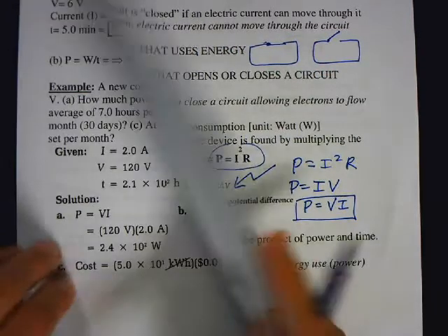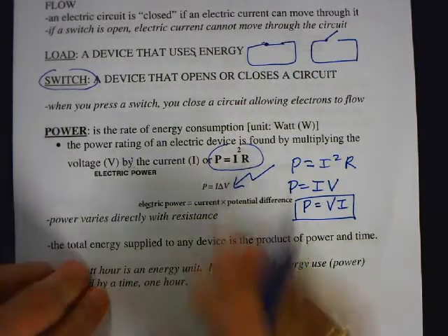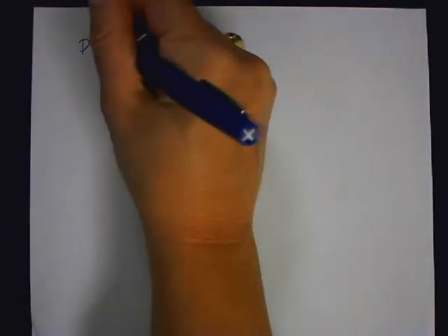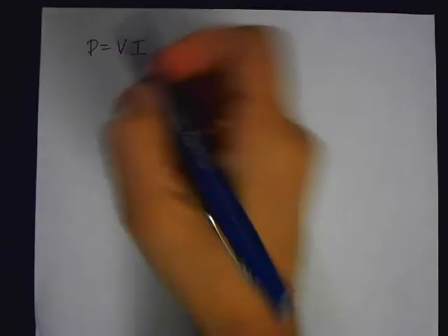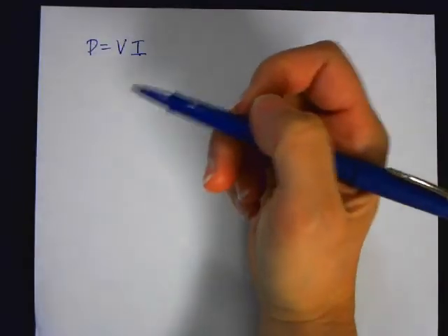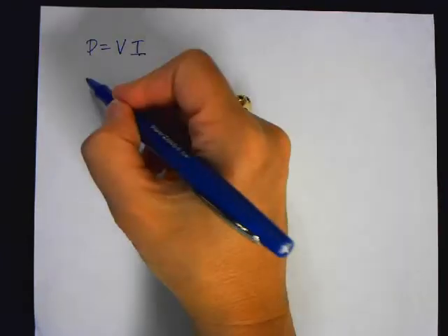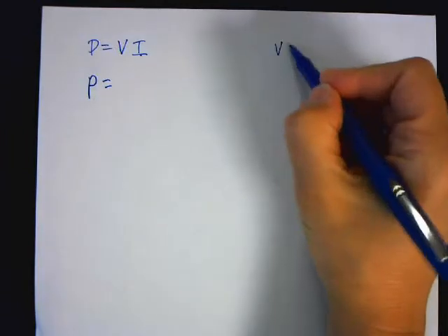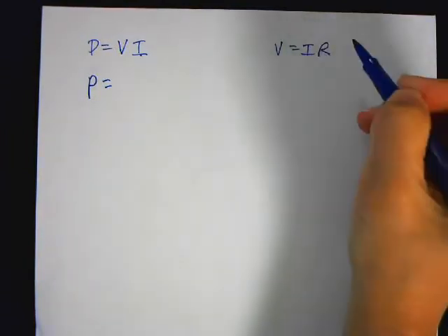Now, before we go on, let me just show you how these both are equal to power. We said that P is equal to VI. So power is the voltage times the current. Well, we learned from Ohm's law that V is equal to IR.